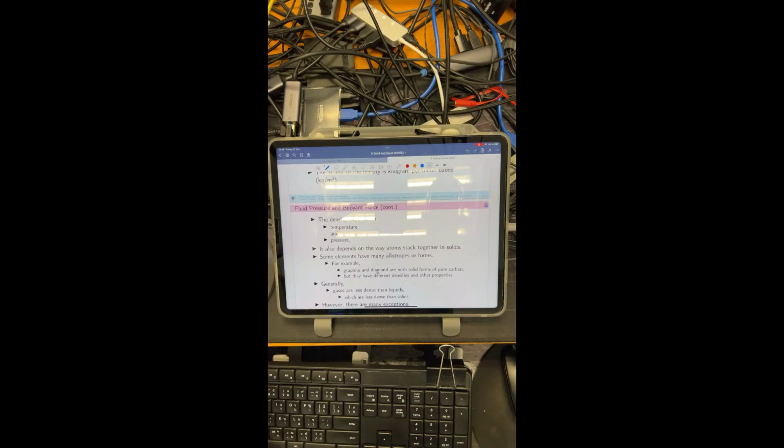Diamond is also carbon, but as you know, graphite and diamond have completely different properties. Graphite is cheap, not expensive. Diamond is extremely expensive. But both are solid forms of pure carbon.